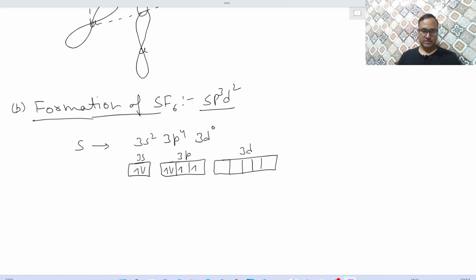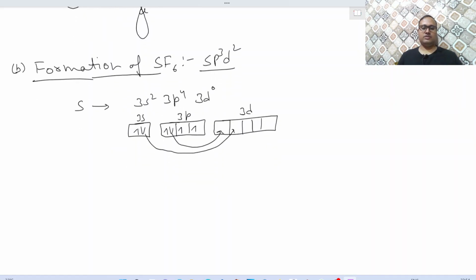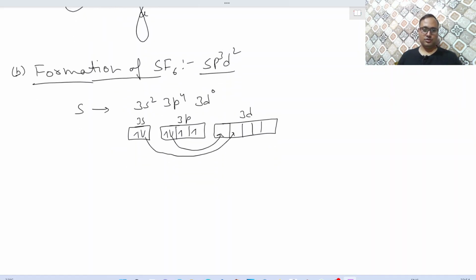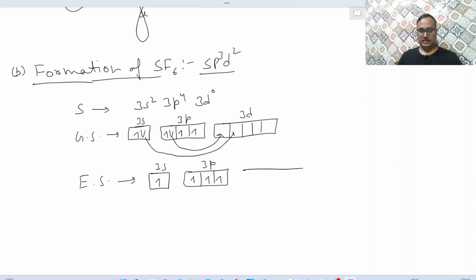So what happens is, one electron from the 3s moves to the 3d orbital and one electron from 3p moves to the 3d. This was the electronic configuration in the ground state, and in the excited state we can represent it as one electron in the 3s orbital, 3 electrons in the 3p orbital, and 2 electrons in the 3d orbital.